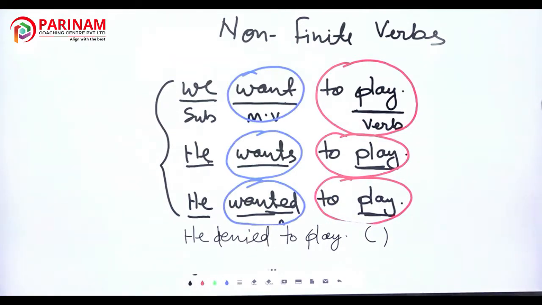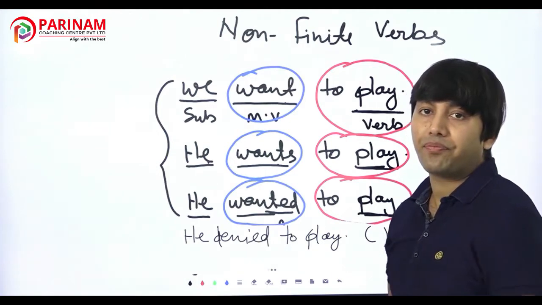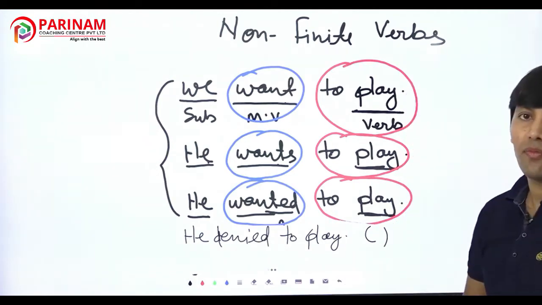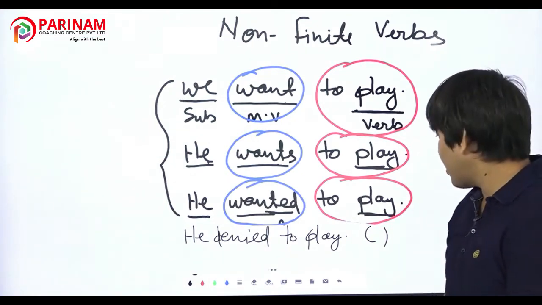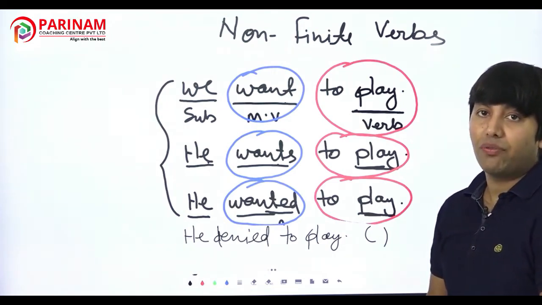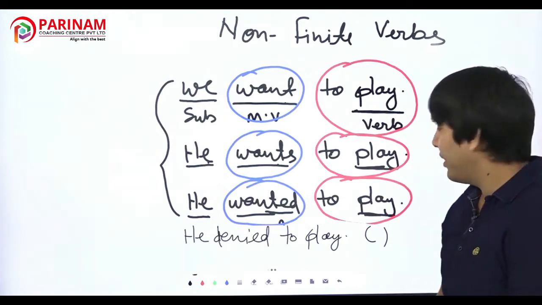Can you tell me if this sentence is correct? He denied to play. Some of you must have known its answer, but most of you don't know the answer of this question. What will be the correct answer?